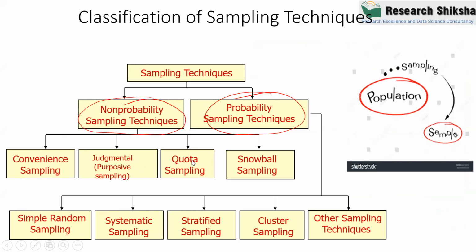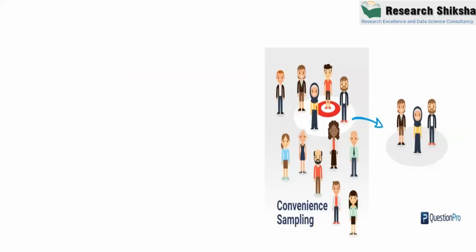In quota sampling, first you decide the percentages of different categories, then go for data collection. In snowball sampling, you take the data from the references of the references. So I call it references of the references sampling.